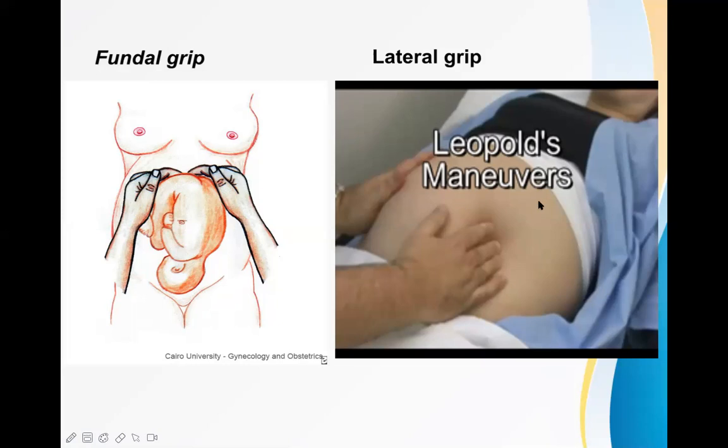These are the lateral grips. We palpate on both sides. We try to find out on which side is the back of the baby, which side are the limbs of the baby, and what is the position of the head. The position of the head is better told by the pelvic grip.